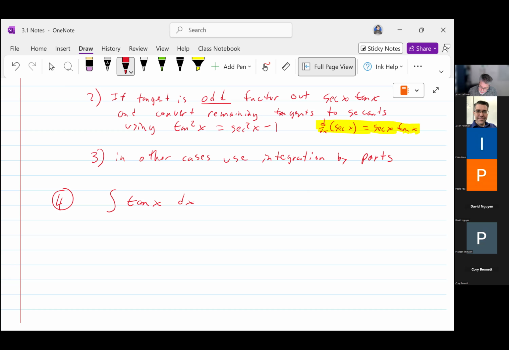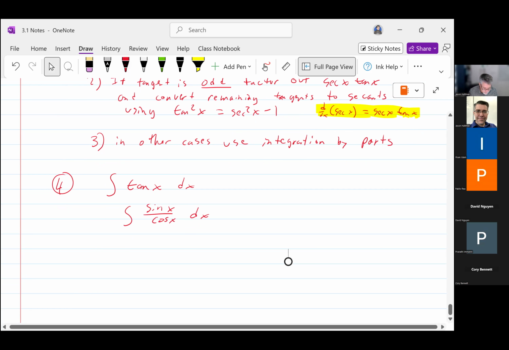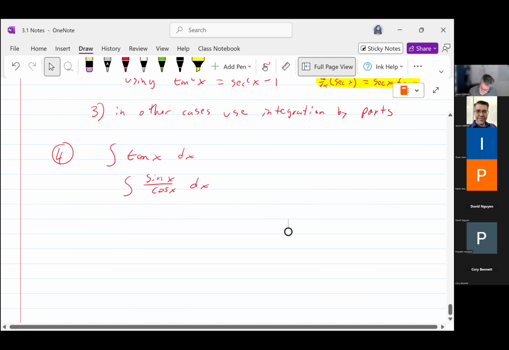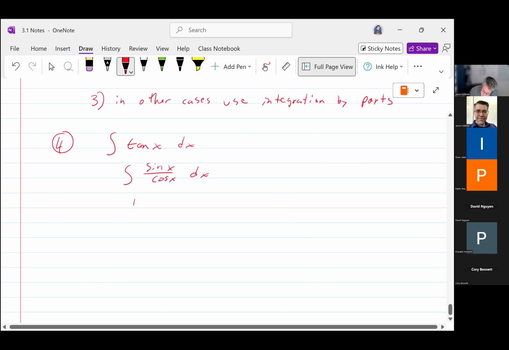In order to do this simply, we're going to change this to sines and cosines. This is sine x over cosine x dx, and this is just a straight u substitution. So u is equal to cosine x, du is equal to negative sine x dx, so negative du is equal to sine x dx.